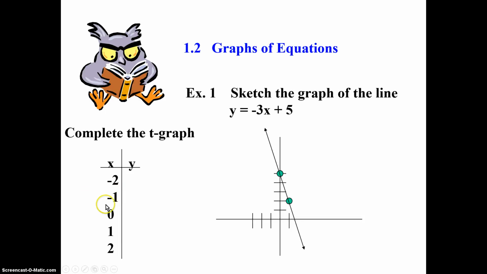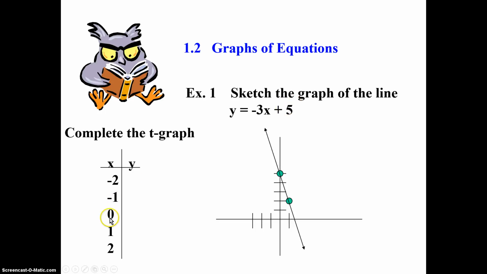Okay, and then we get negative 1. Negative 3 times negative 1 is a positive 3, plus 5 is 8. So at negative 1, my value is going to be 8.